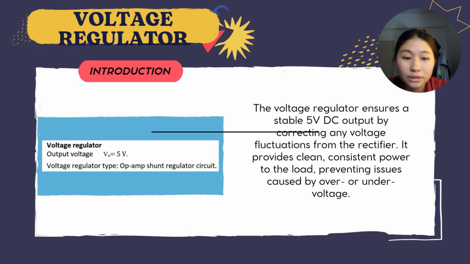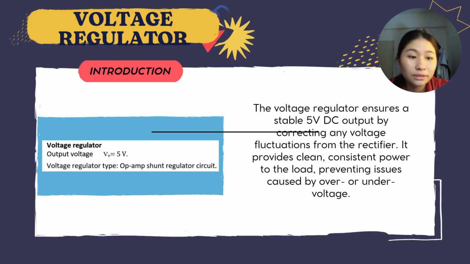The voltage regulator type is an operational amplifier shunt regulator circuit. This type of voltage regulator uses an operational amplifier to regulate the voltage. The shunt configuration means the regulator maintains a constant voltage by diverting the excess current to ground, effectively shunting it away from the load when necessary.